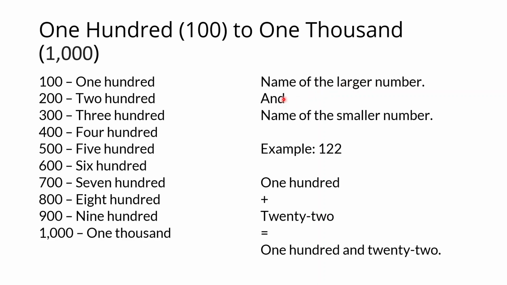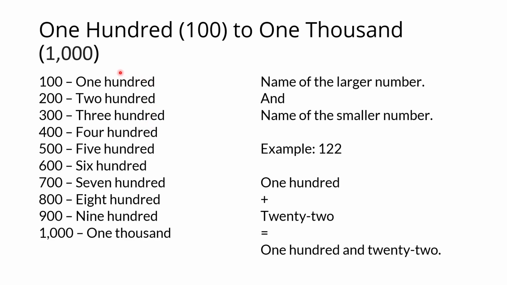And then if there's more numbers after that, you have and then the name of the smaller number. So 122, or it could be 643, 522, or it could be 3022.